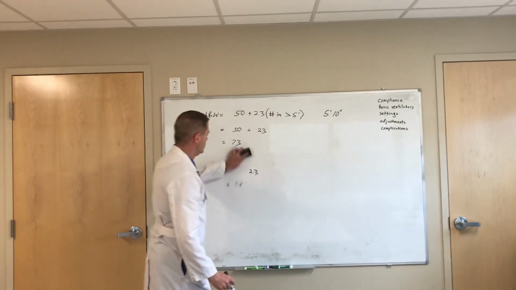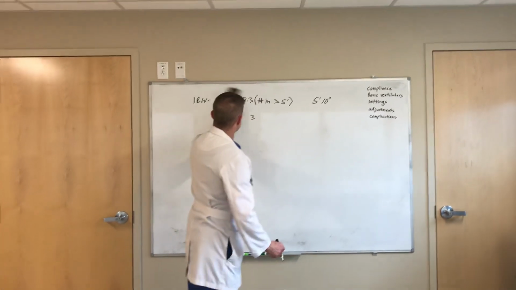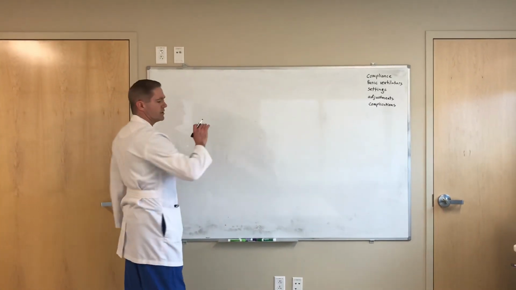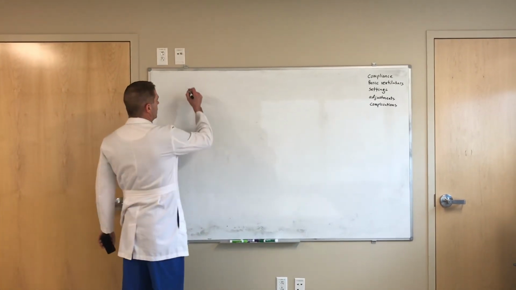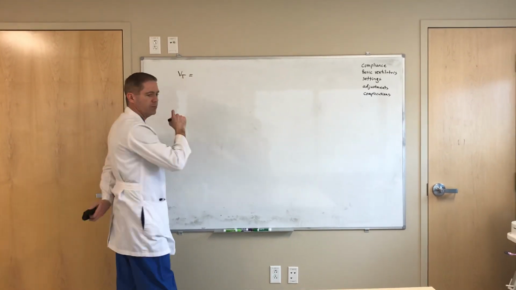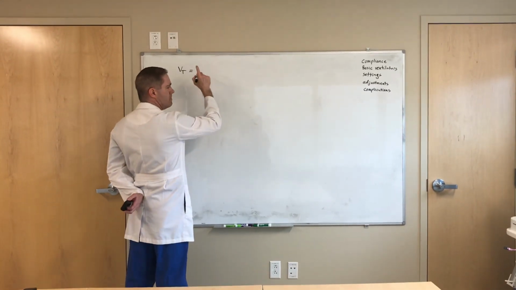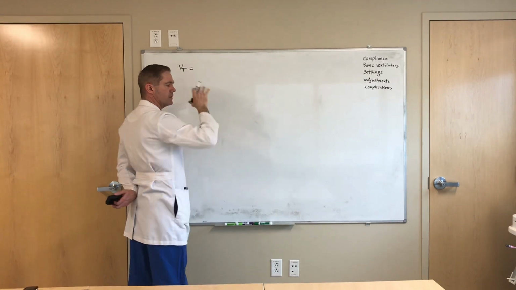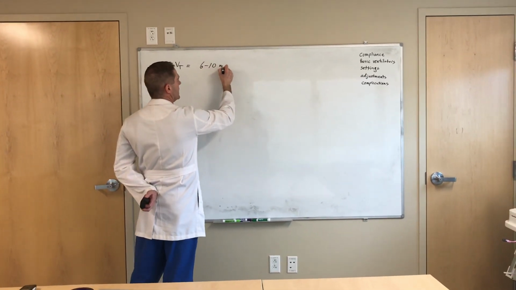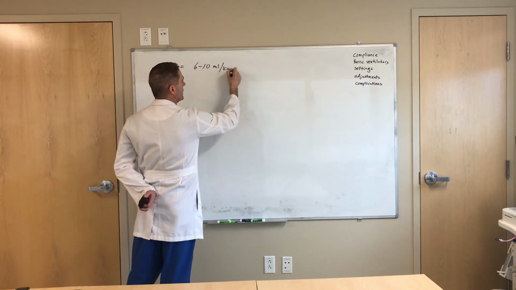Once you figure out what the ideal body weight is, for most patients, the tidal volume that you're going to give is going to be based on that. Most adults with relatively normal lungs, we're going to give between 6 to 10 mLs per kilogram of ideal body weight.